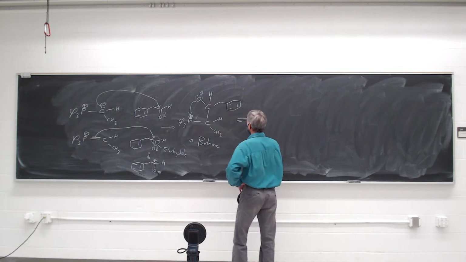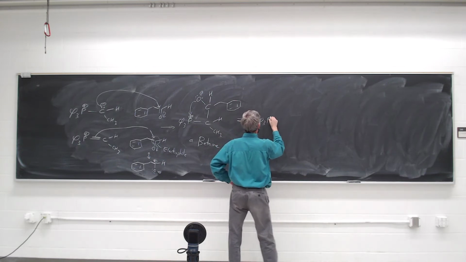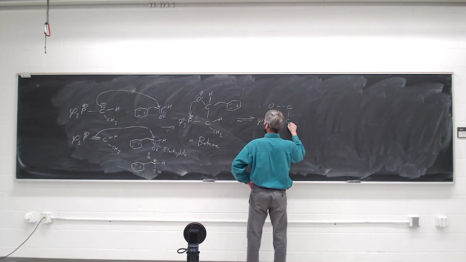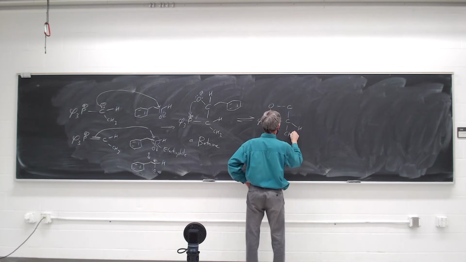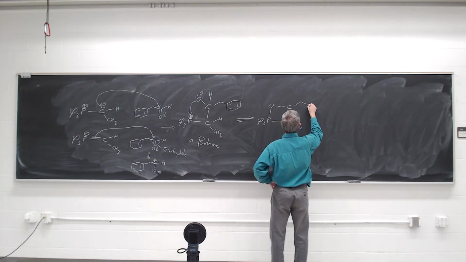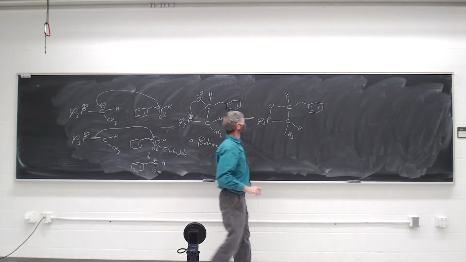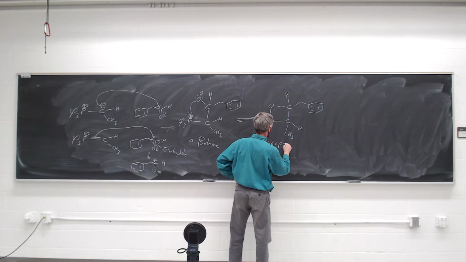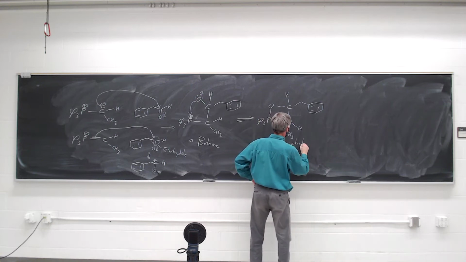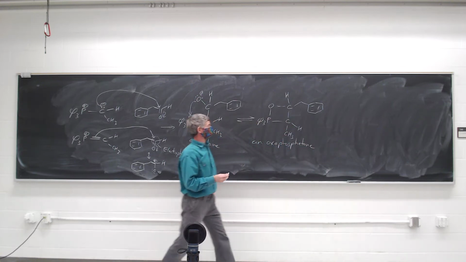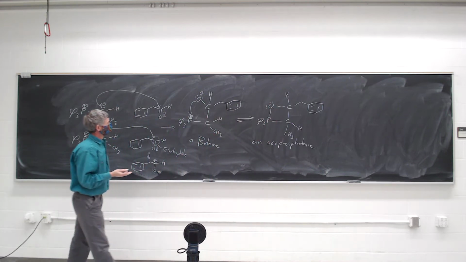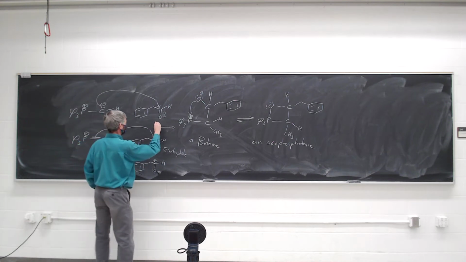But because I drew the oxygen up there, I'm going to show this as an equilibrium instead. And this is called an oxaphosphetane. It's got a four-membered ring, so it's not that stable. It's relatively sterically hindered.